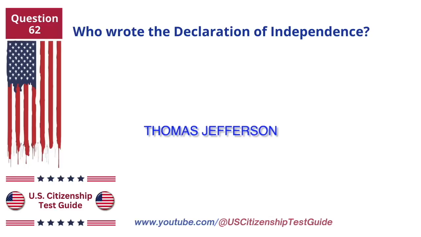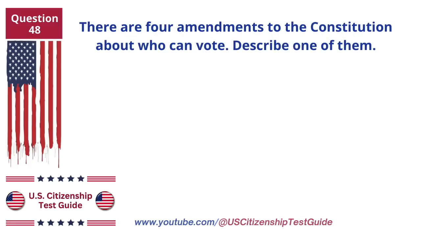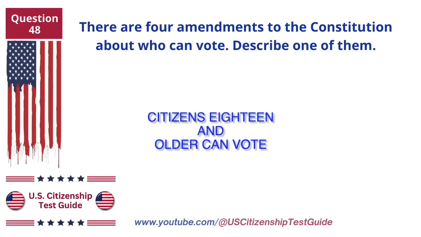Thomas Jefferson. There are 4 amendments to the Constitution about who can vote. Describe one of them. Citizens 18 and older can vote.